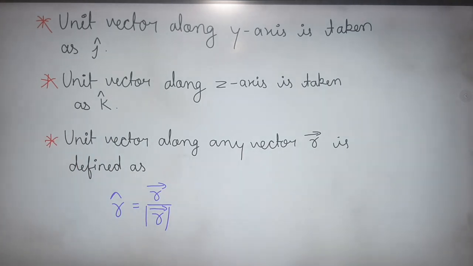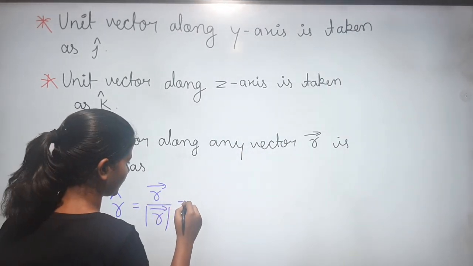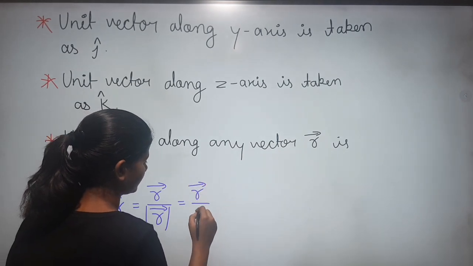If we put the modulus, then the arrow is removed, so here we can write r vector by r.